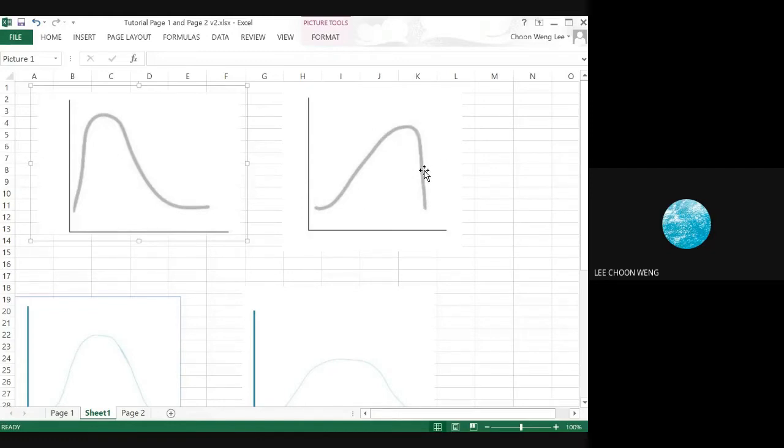For this one, the median and the mode is towards the lower end. The median and mode here is towards the higher end. So this is positively skewed and this is negatively skewed.